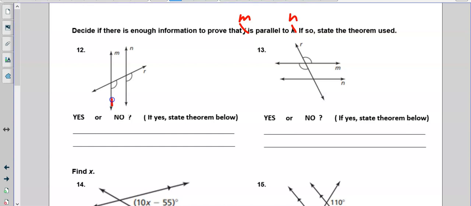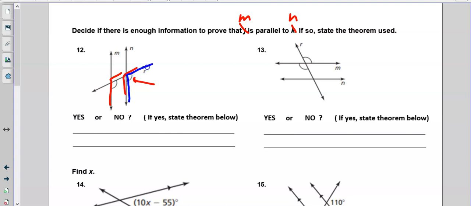Well, this angle here and this angle here are marked congruent with the arc marks. Well, that was not supposed to happen. Let's try this again. This one right here, if I slide it down, is corresponding to that one.